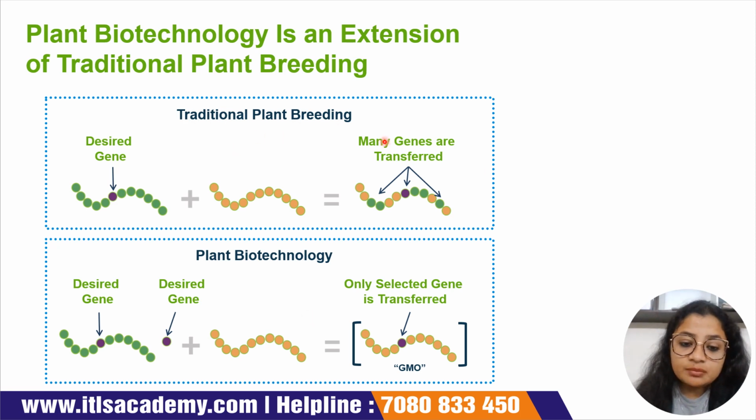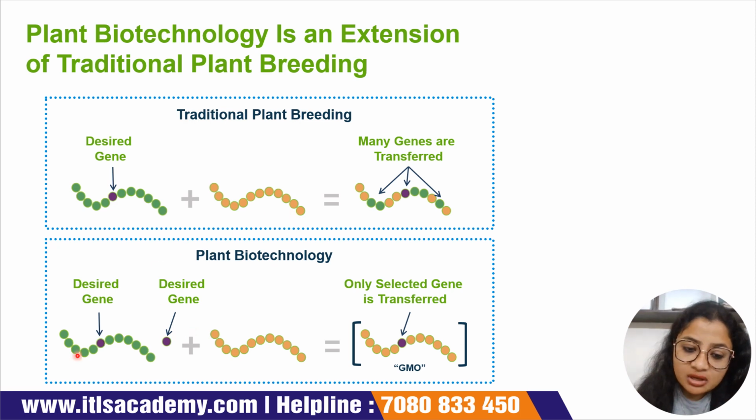So in traditional plant breeding, we have the desired gene. This is the desired gene in this chromosome, as you can see. And what we are doing is, the end product, as you can see, many genes are getting transferred. But in plant biotechnology, we have this desired gene.